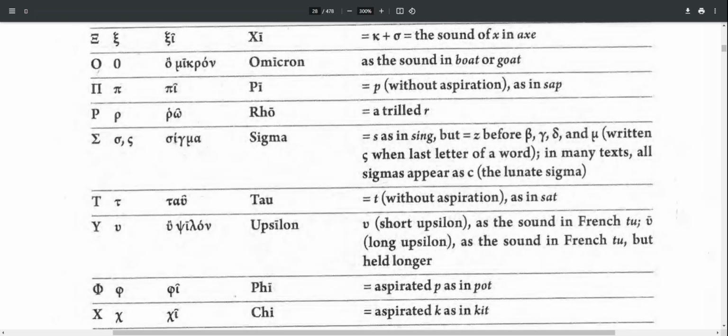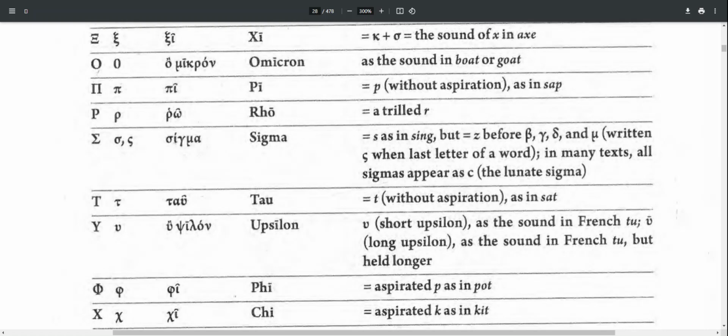The next letter is upsilon. So U has the sound of the French tu. It's the same sound as U in French or U umlaut in German.